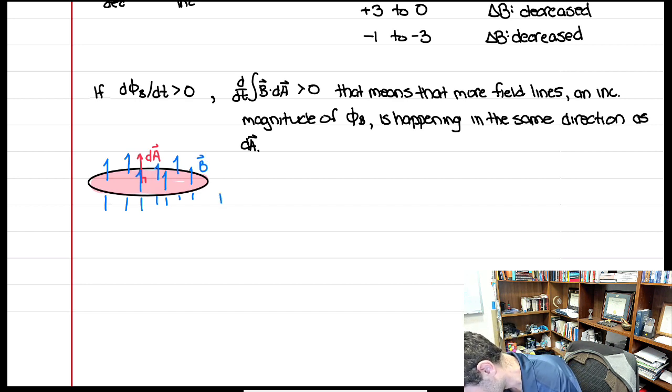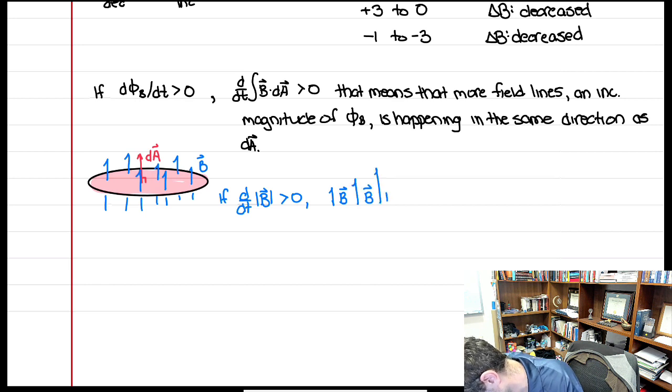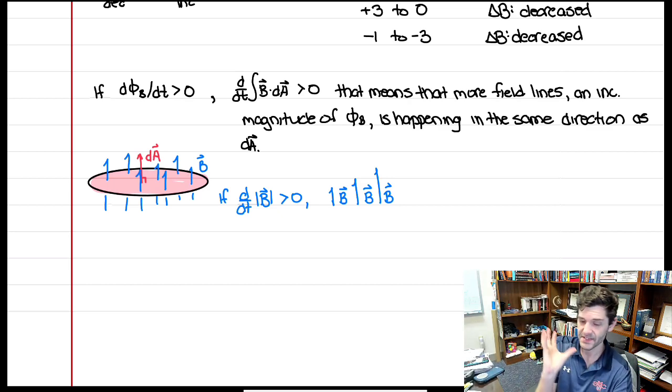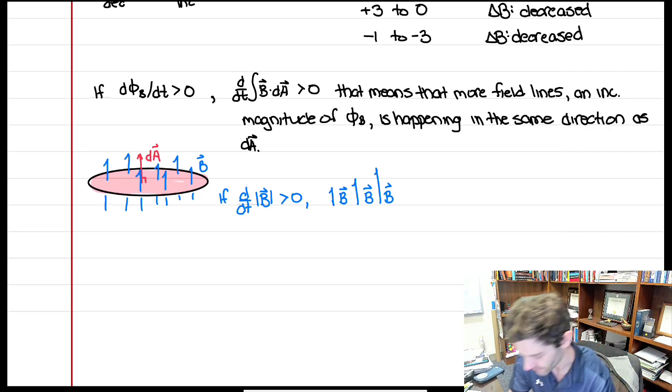All right, if the magnetic field, for example, is increasing in magnitude, so I'm going to write d by dt, the time derivative of the magnitude of B, is greater than 0. That means if B is pointing this way originally, and at some later time it might be going like this, and later like this, it is increasing in magnitude and not changing its direction.